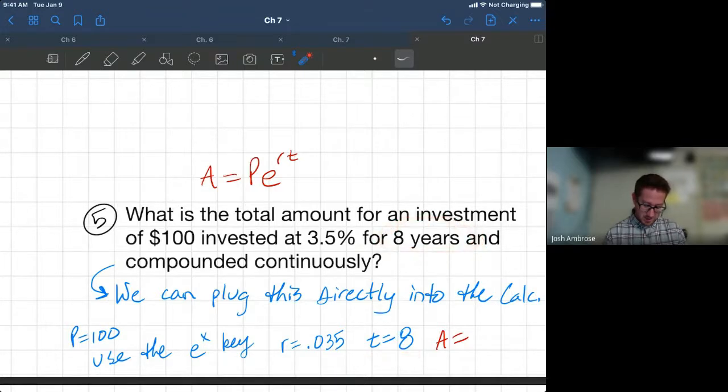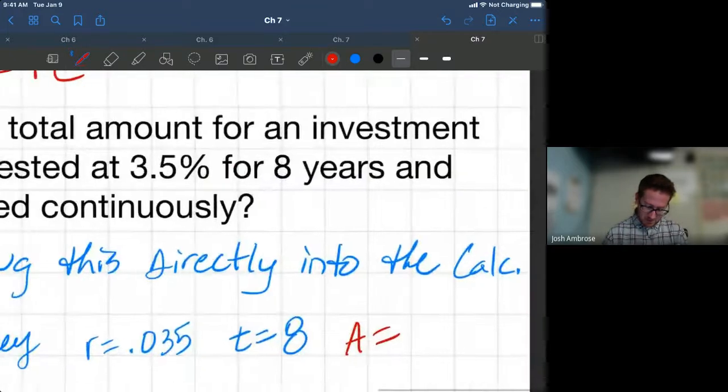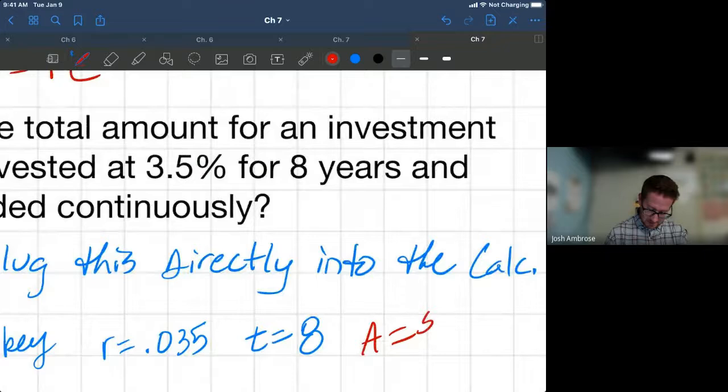And then use the e to the power of x key by plugging r right there, plugging in t right here, plugging in P equals 100 right here. Work all of that out, and you should get a value for A. This is in dollars here, $132. And then if we round it, 31 cents.